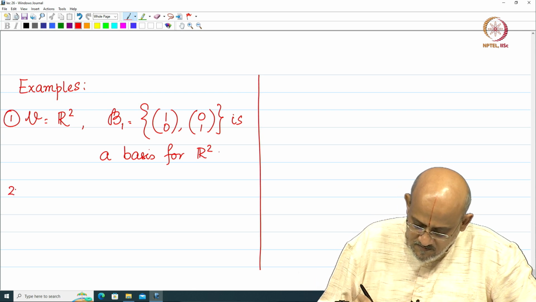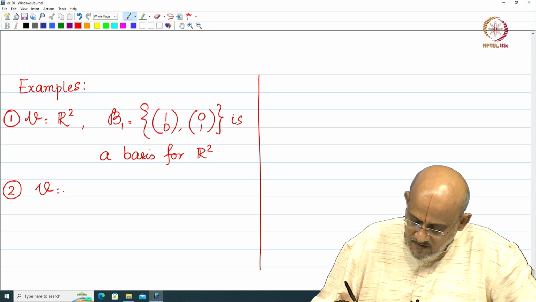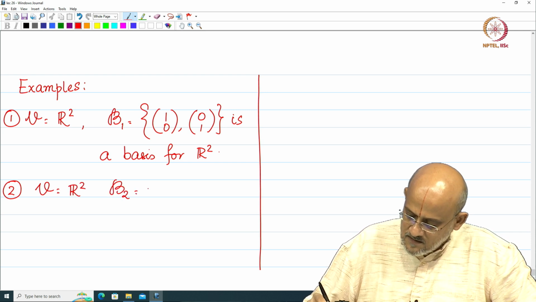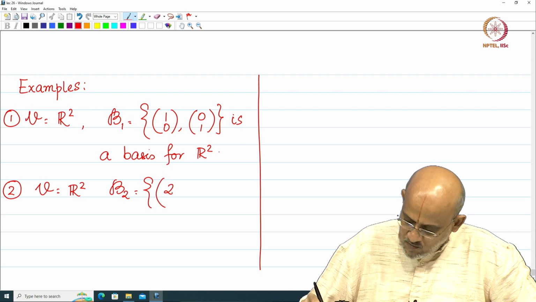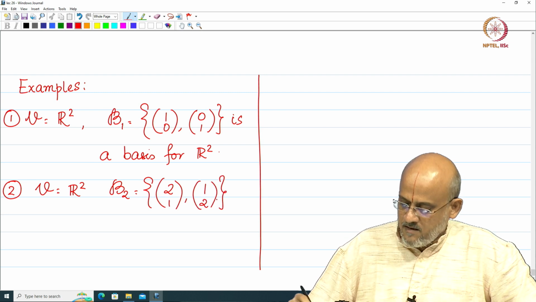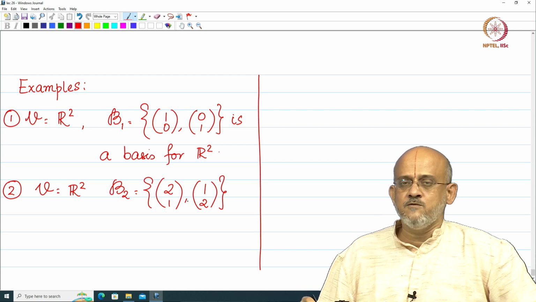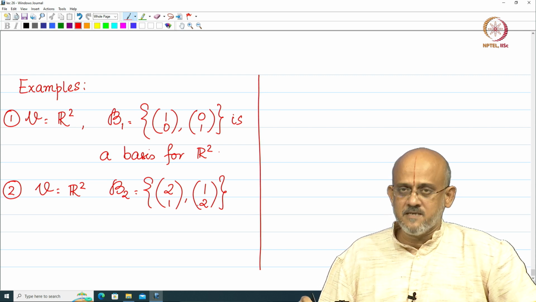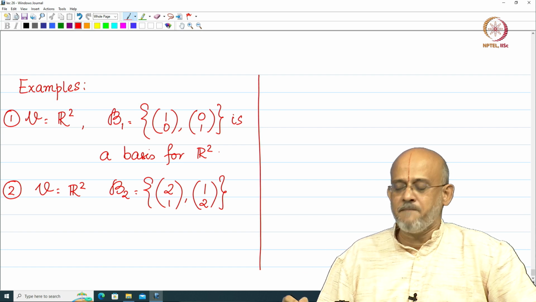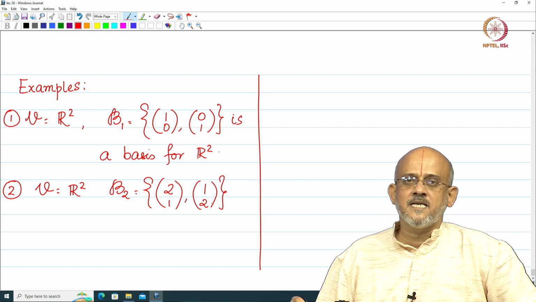Second example, again I am going to take V equal to R2 and I am going to take a second basis, (2, 1), (1, 2). We know that (2, 1) and (1, 2), these two vectors are not multiples of each other, and therefore these two are linearly independent vectors. This is one example that we had taken in the past, and we proved that these two vectors are linearly independent.